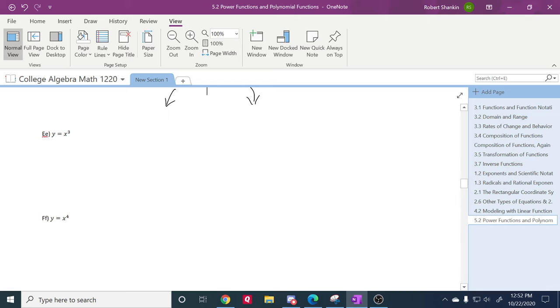Do E and F, the end behavior of both of those, and just work on those for a little bit of time here. And enter your answer in your group chat.